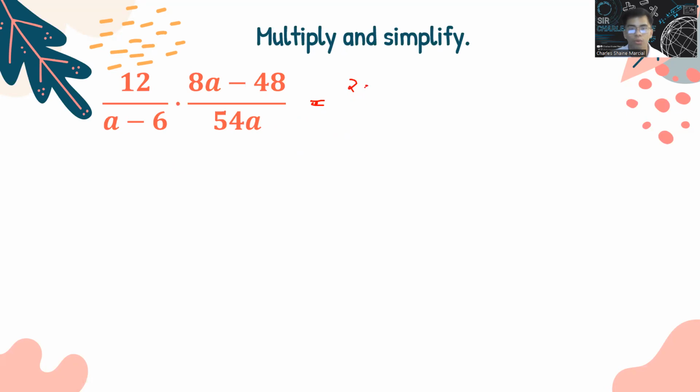We have 2 times 2 times 3 over a minus 6. Copy lang natin since hindi naman siya pwedeng ma-factor. Factor out natin yung 8 times the quantity of a minus 6 because 8 times negative 6 is negative 48.